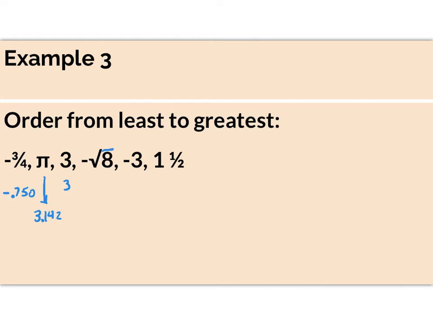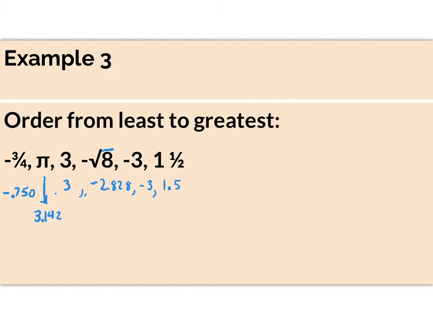The square root of 8 is negative 2.828. And we get negative 3. And 1.5. If you do 1 divided by 2 and add it to 1, you get 1.5.